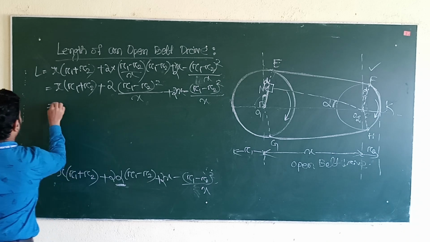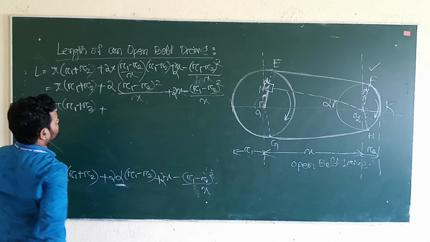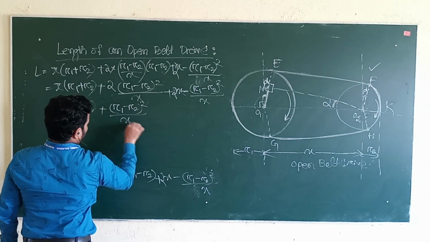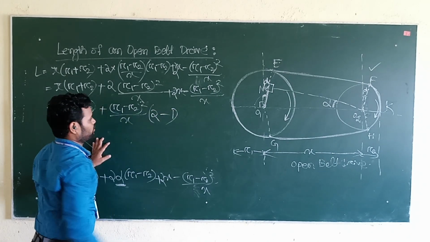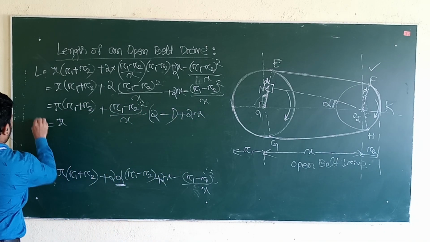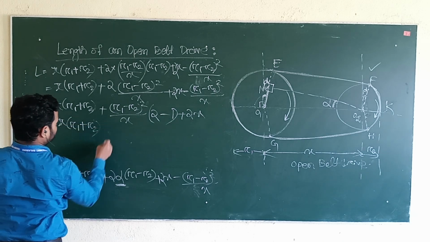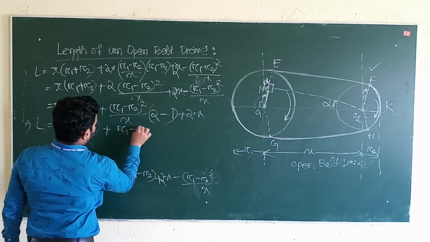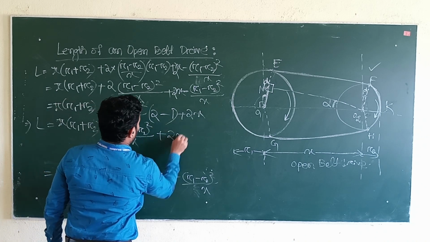This makes common, right? So pi (R1 plus R2) plus, if we take common (R1 minus R2) square by x, then the remaining part is 2 minus 1, that means 1, plus the remaining part 2x. So L equal to pi (R1 plus R2) plus (R1 minus R2) square by x plus 2x.